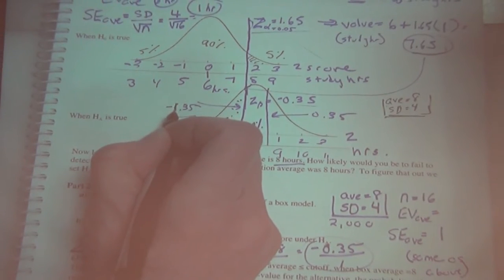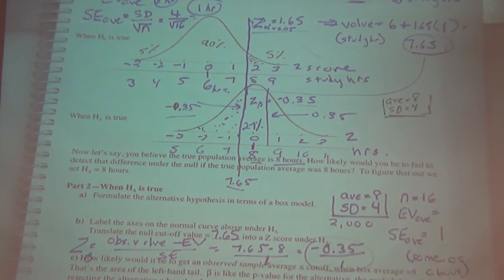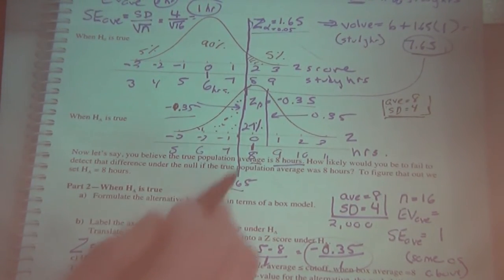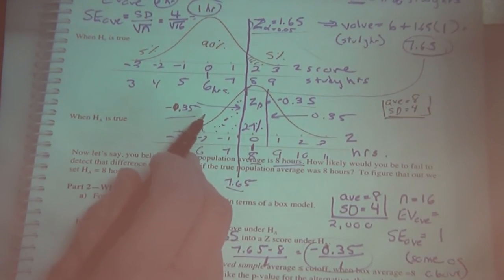This is probably confusing to you because look at that error. That should be negative 0.35 there. So we saw that that was 7.65 minus 8 divided by our standard error. We saw that that Z-score right there is negative 0.35.